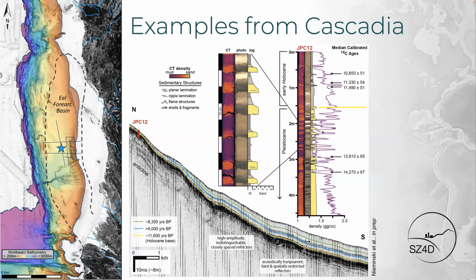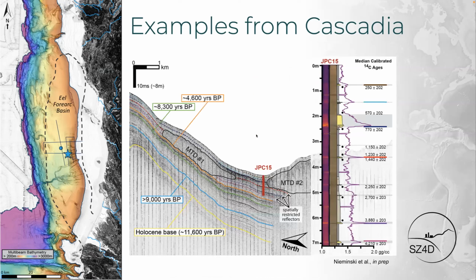As another example from this forearc basin, seismic imaging data have also been used to inform and understand core data, to have a deeper time perspective of these multiple deposits. Maybe I can go to the next slide here.